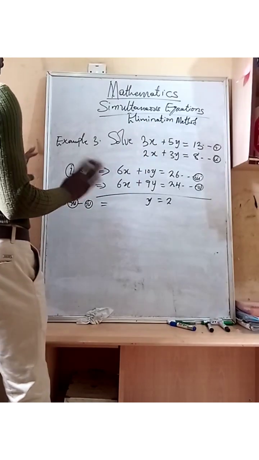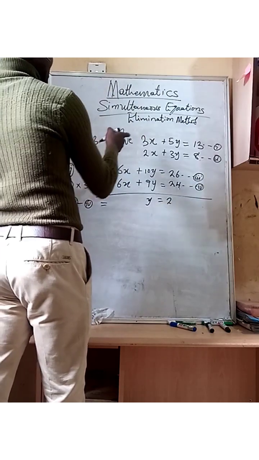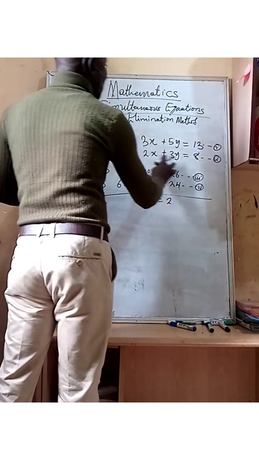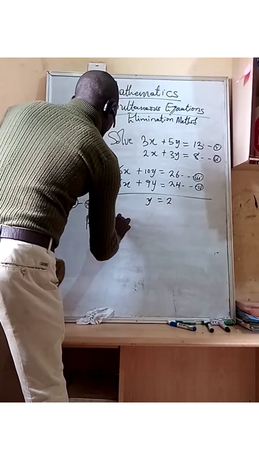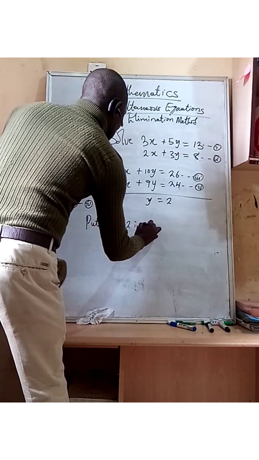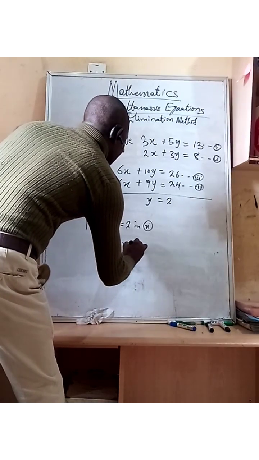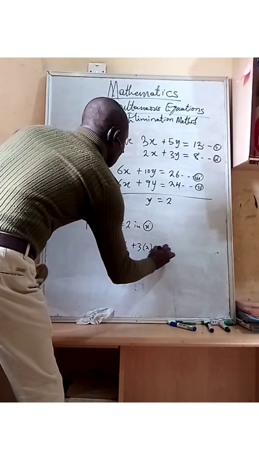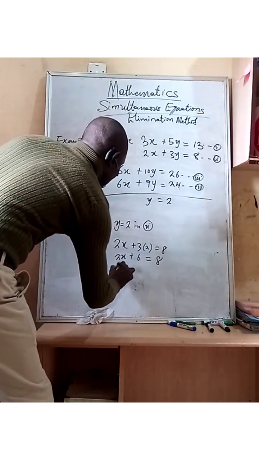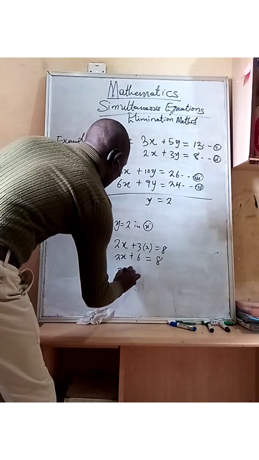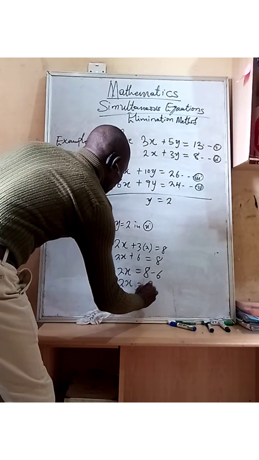So it is straightforward, no simpler solution. We'll just substitute it in one of the equations, but preferably equation 2 because it has smaller coefficients. So putting y equals 2 in equation 2, it implies 2x plus 3 into 2 equals 8. 2x plus 6 equals 8. 2x equals 8 minus 6. 2x equals 2.